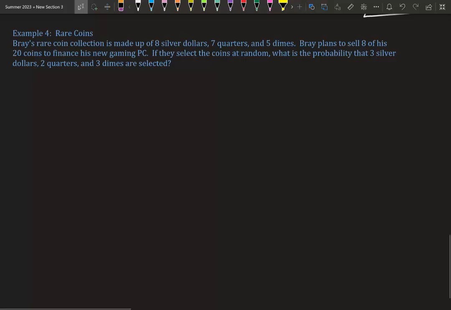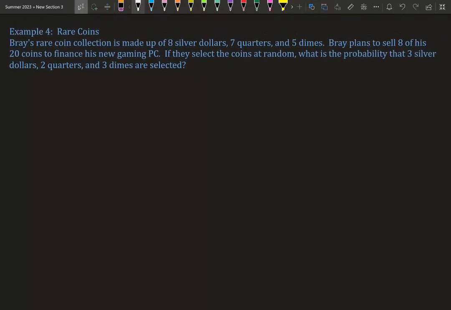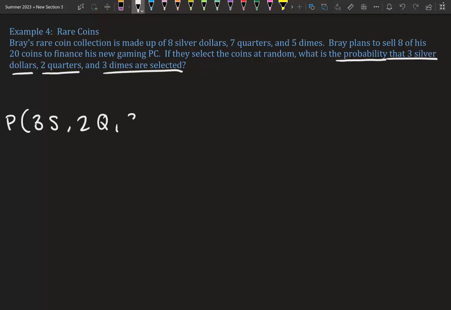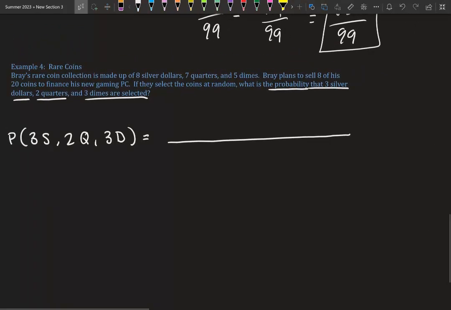So let's pull out the probability. It wants the probability that 3 silver dollars, 2 quarters, and 3 dimes are selected. So that's what we're trying to find. Guess what? That's what goes on top. We need to know the combinations of 3 silver dollars.